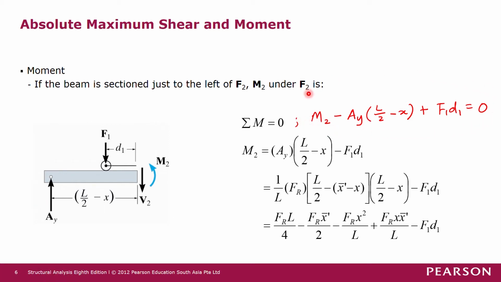This is the sum of moment equation, where we have equilibrium equal to 0. If you solve for this, you end up with this. Then if you substitute AY equals 1 over L FR, L over 2 minus x bar prime minus x, and expand it, you get this expression here.